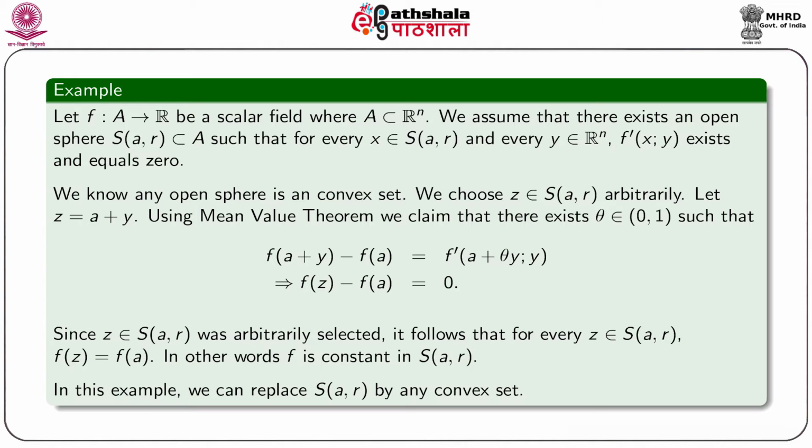By the proposition, the right hand side is 0 and the left hand side is nothing but f(z) minus f(a). So, we have f(z) equal to f(a). We recall that z was an arbitrary member of the open sphere. Hence, for every vector z in S(a,r), f(z) equals f(a). That is, at every point within the open sphere, the value of f equals the value which f assumes at the center. In other words, f is constant in S(a,r).